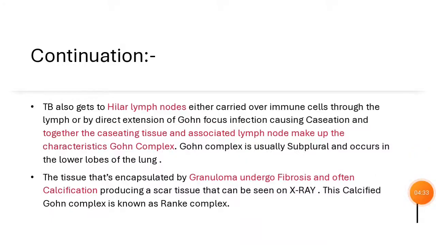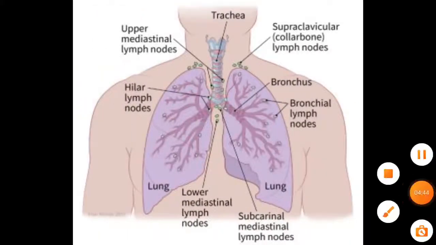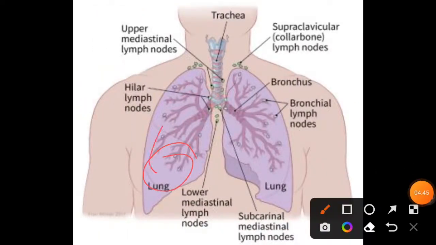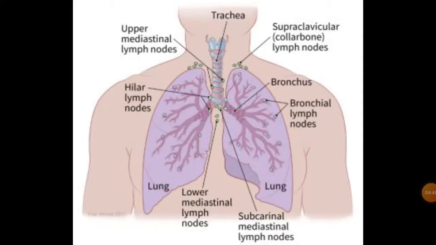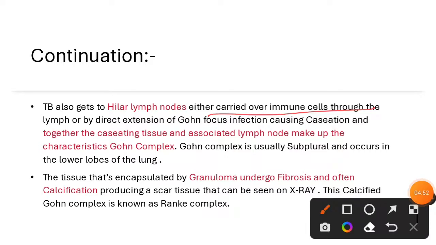So that is what I have written here, that TB can also get to the hilar lymph node. The TB bacteria, after causing the Ghon focus, travel to the hilar lymph node, either carried over by immune cells through the lymph or by direct extension of the Ghon focus infection, causing caseation.